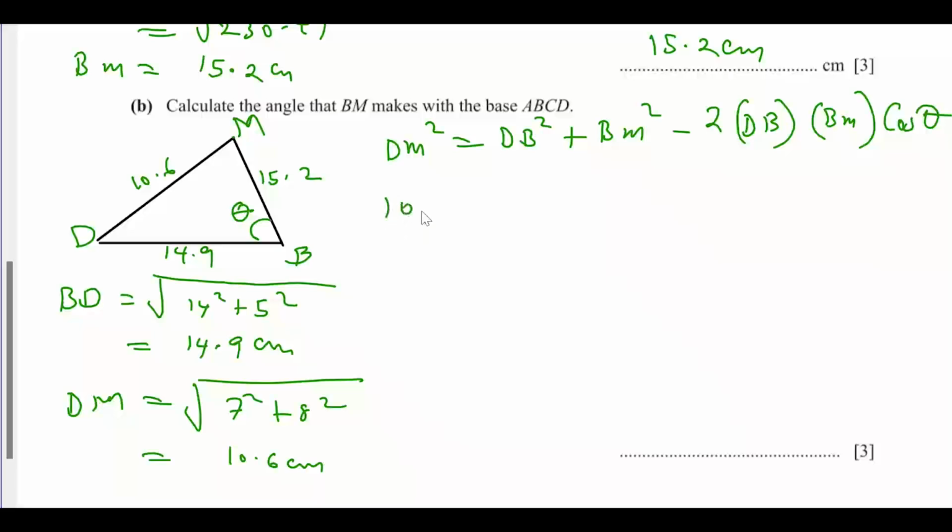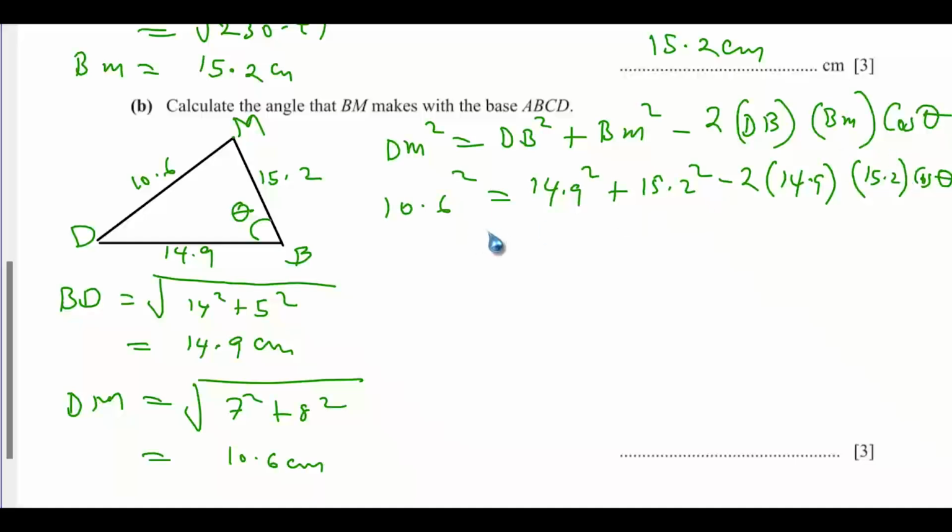So this will be 10.6 squared equals 14.9 squared plus 15.2 squared minus 2 into 14.9 into 15.2 then cos theta. Okay, so you can simplify this very well. The square of this will be 112.36 equals, this will give you 222.01.